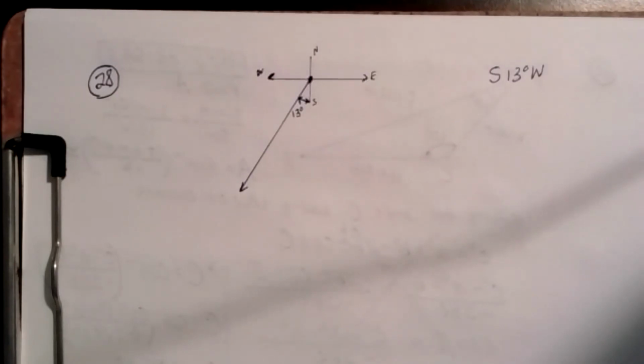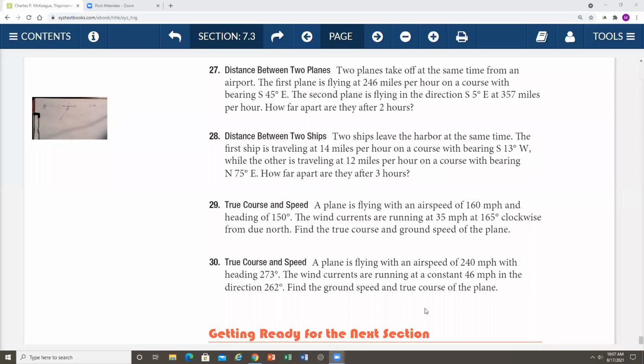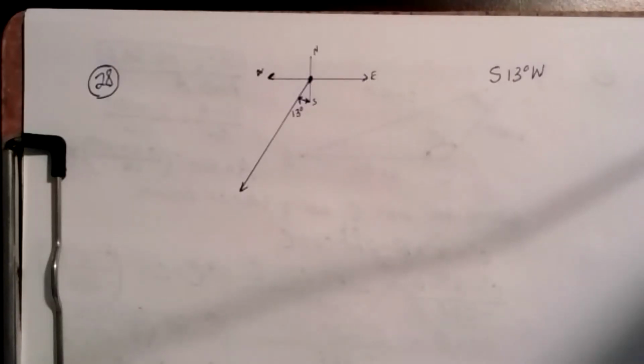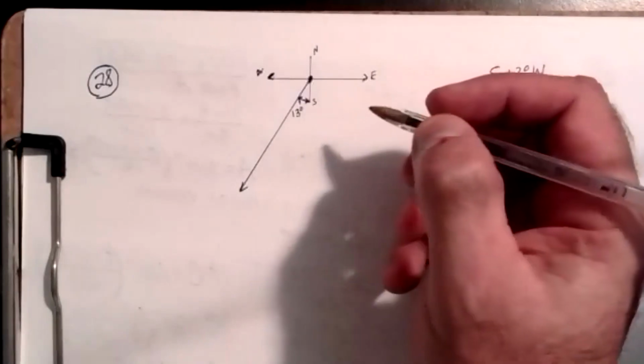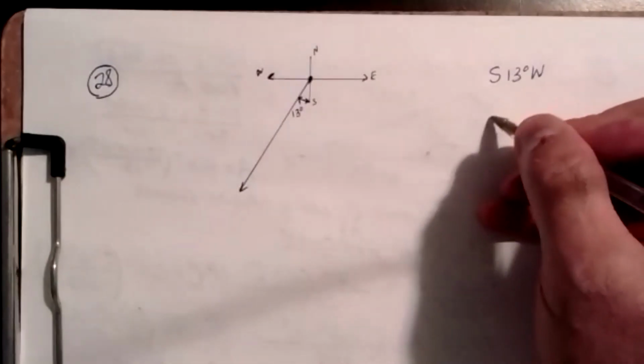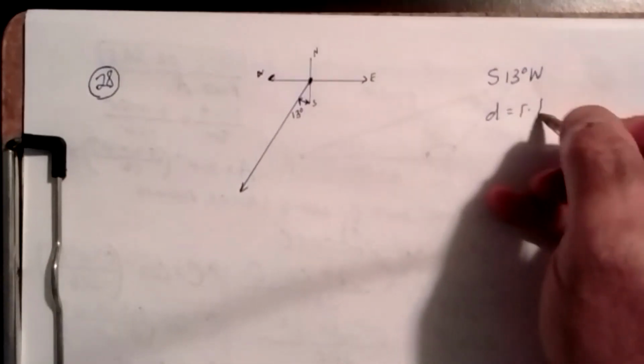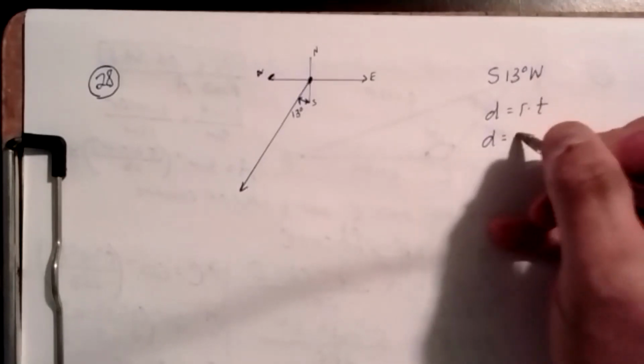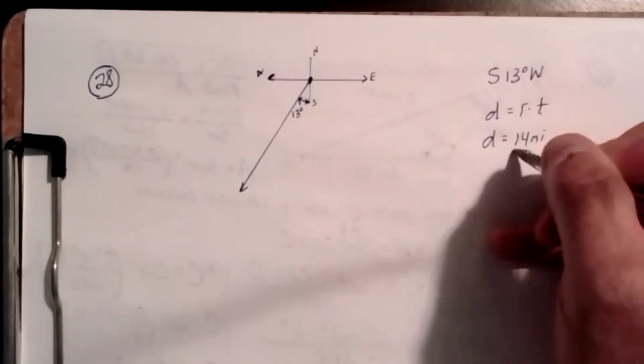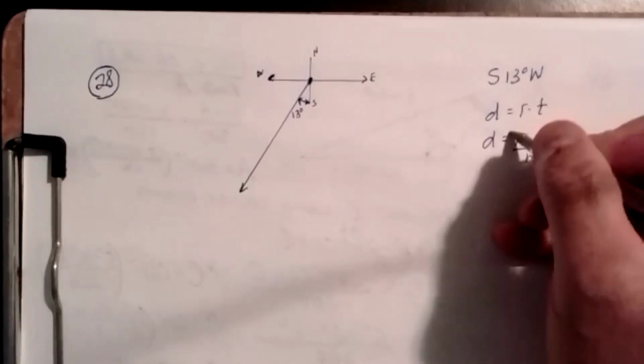It's going at what speed? 14 miles per hour. For how many hours? 3 hours. Ladies and gentlemen, what distance does a ship travel traveling at a speed of 14 miles per hour for 3 hours? Distance equals rate times time. Distance is equal to 14 miles per hour times 3 hours.